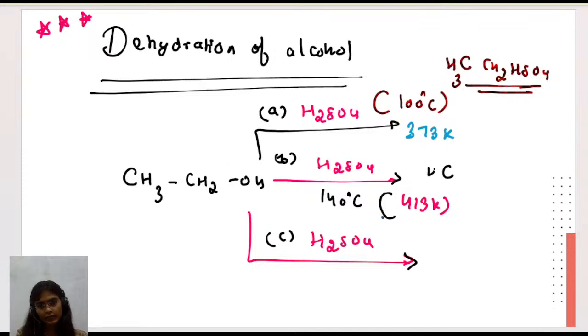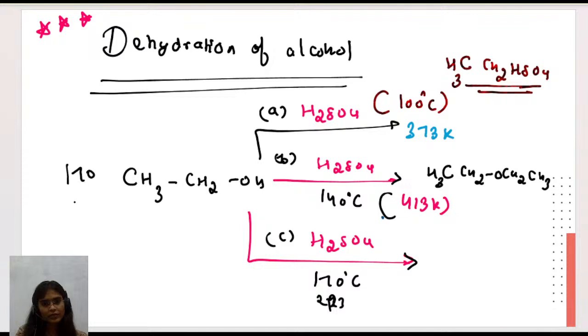That ether, CH3, CH2, O, CH2, CH3. Okay, condition number three, if the temperature is 170 degrees Celsius, or you can say, how much, 273 plus 170, so it's 444 Kelvin.